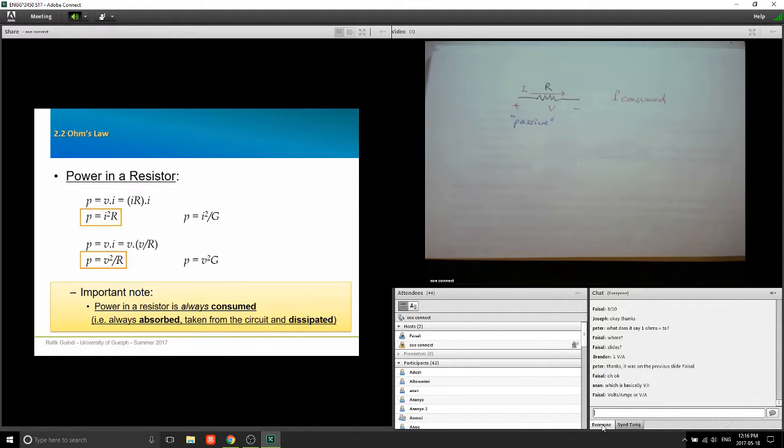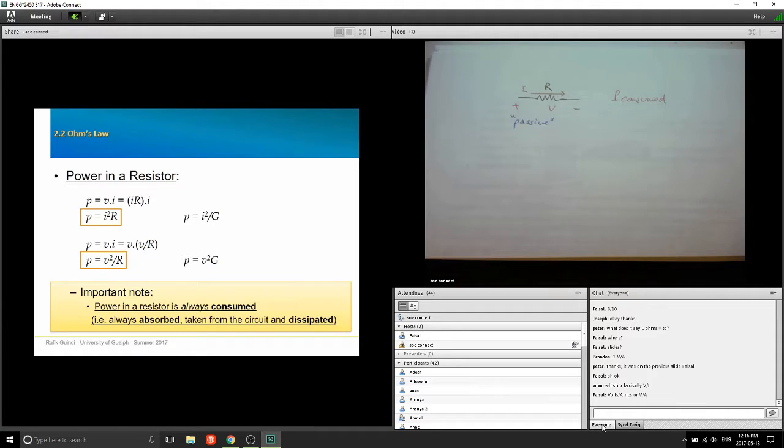Passive sign convention relates to passive elements, and the resistor is the passive element by default. That's the main passive element that we have. So voltage and current are always going to be inside the resistor or across the resistor according to the passive sign convention. You can never ever have a current flowing inside the resistor from the lower voltage level to a higher voltage level, and it's not physically possible.